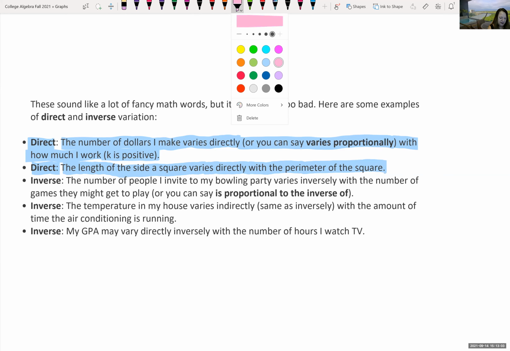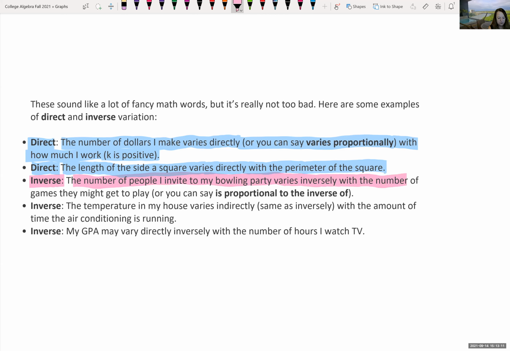Example of inverse variation. I said the number of people I invite to the bowling party varies inversely with the number of games they might get to play. So for inverse, another way to state that is you can say it's inversely proportional.